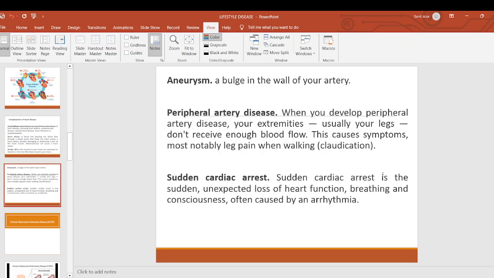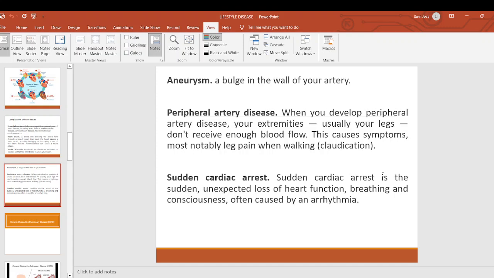If enough blood is not reaching your legs, then slowly over a period of time they will die. A similar problem occurs when your legs are not getting enough blood, and that causes peripheral arterial disease.